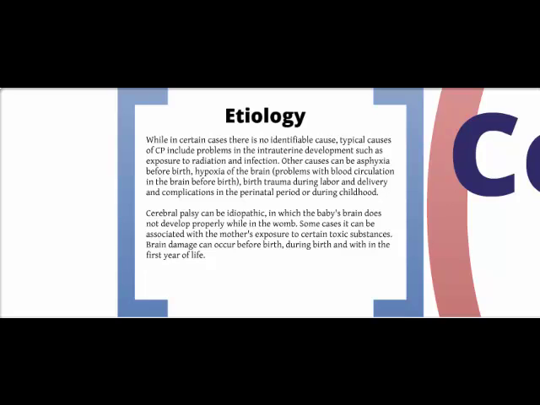Cerebral palsy can be idiopathic, in which the baby's brain does not develop properly while in the womb. In some cases, it can be associated with the mother's exposure to certain toxic substances. Brain damage can occur before birth, during birth, and within the first year of life.